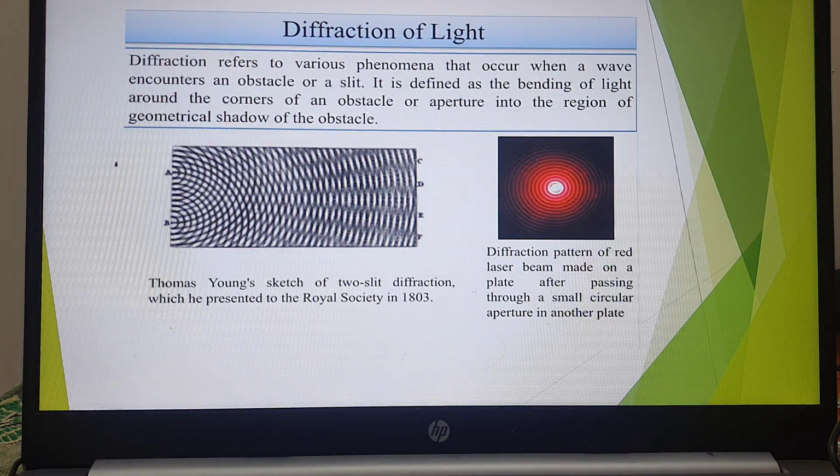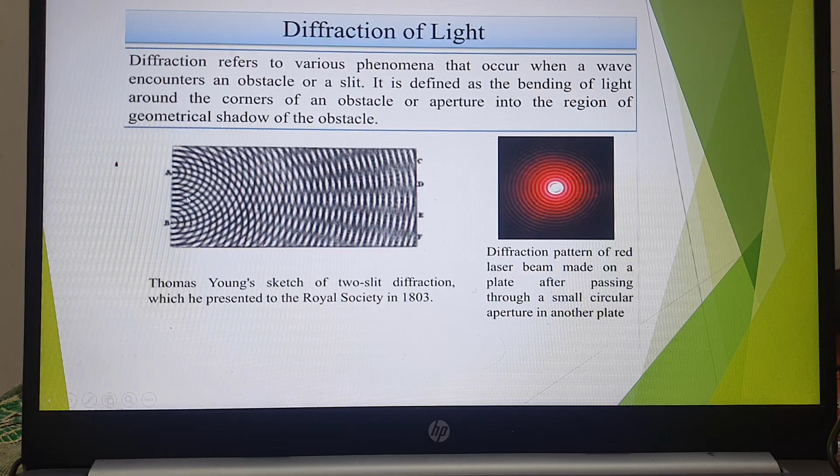Coming to the next slide. Here it is diffraction of light. The diffraction of light refers to the various phenomena that occur when a wave encounters an obstacle or slit. It is defined as bending of light around the corners of an obstacle or aperture into the region of geometrical shadow of the obstacle.